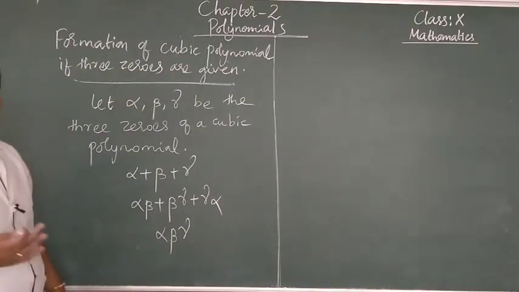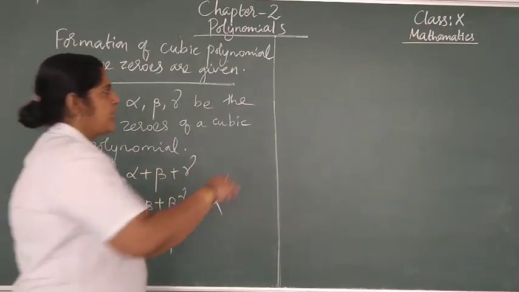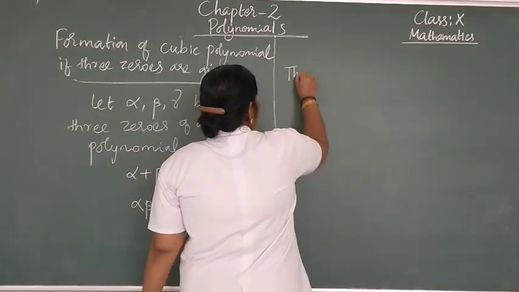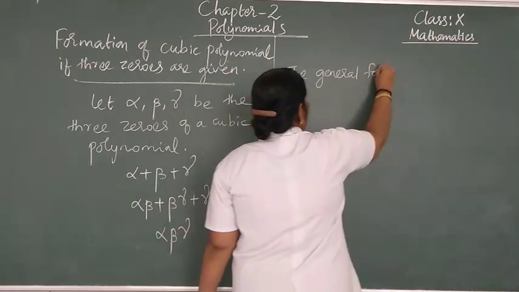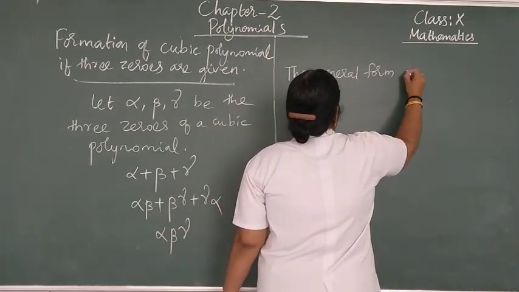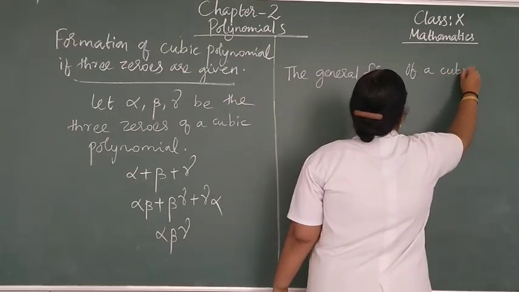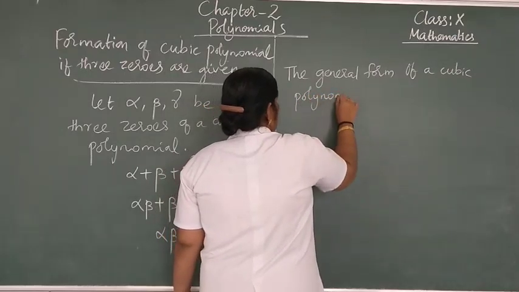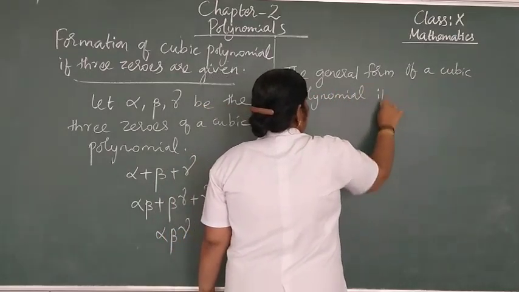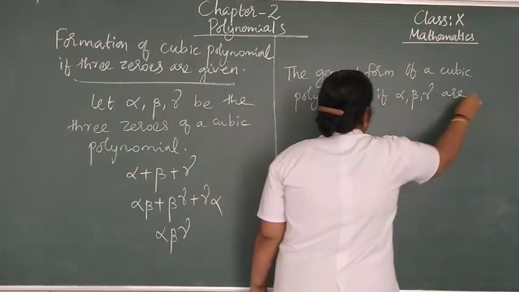So what is the general form of the cubic polynomial after finding these values? The general form of a cubic polynomial if alpha, beta, gamma are given.